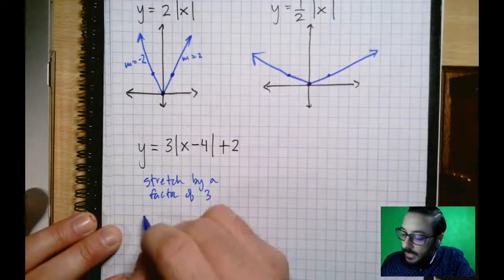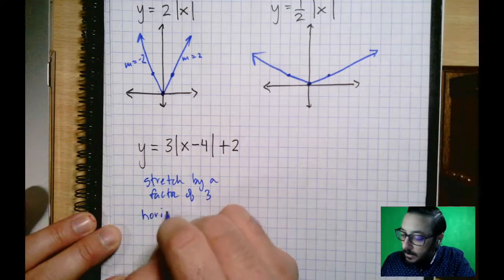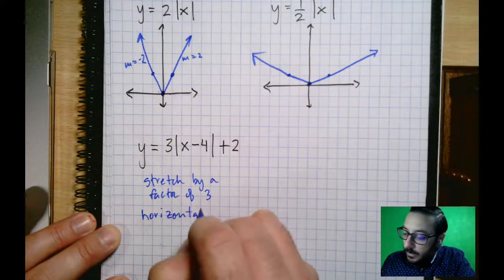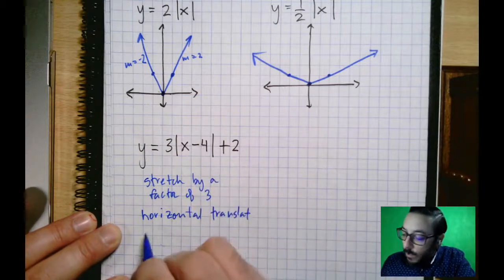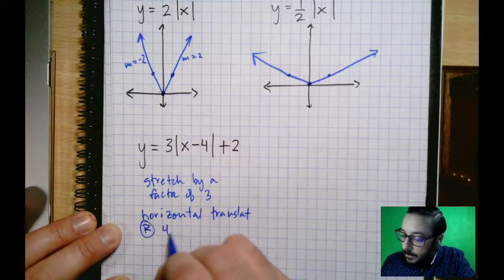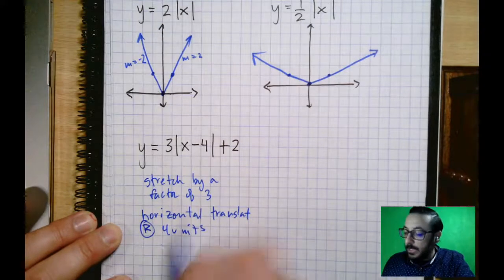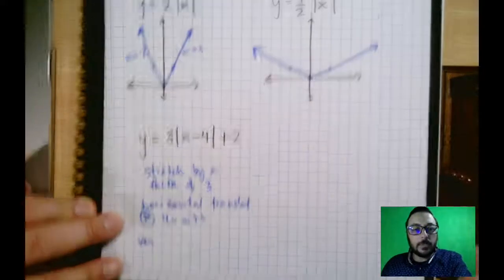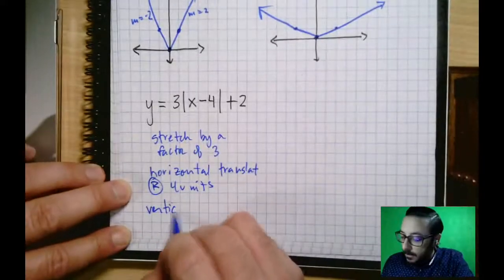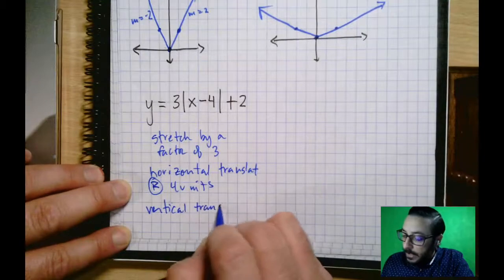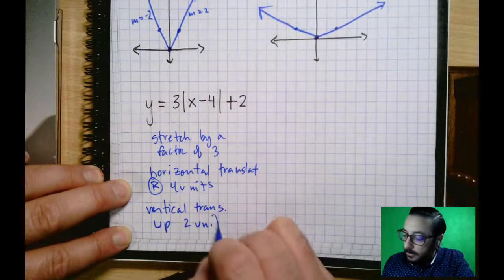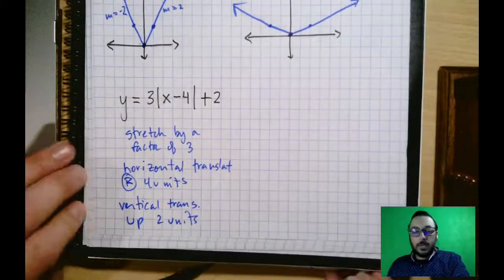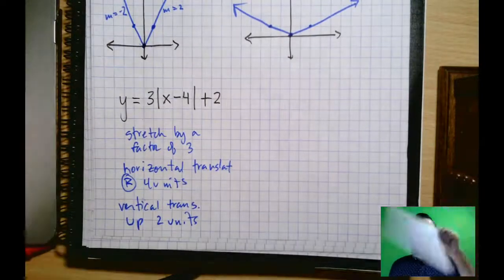Minus 4, that's a horizontal translation to the right 4 units. And the plus 2 is a vertical translation up 2 units.